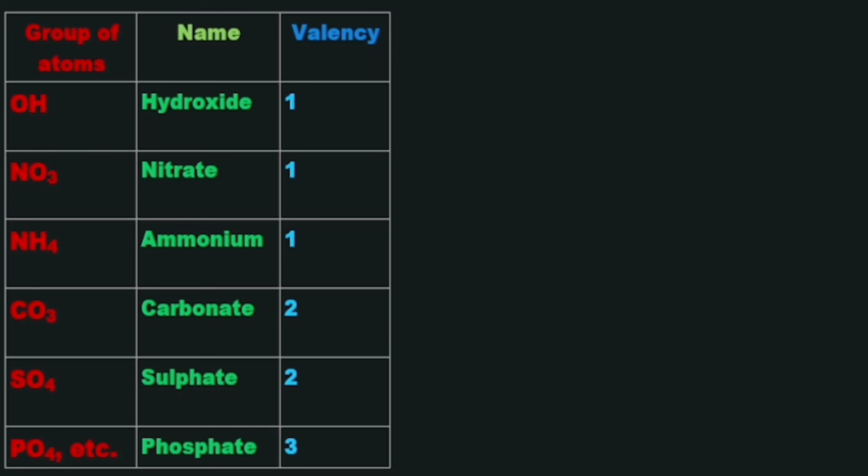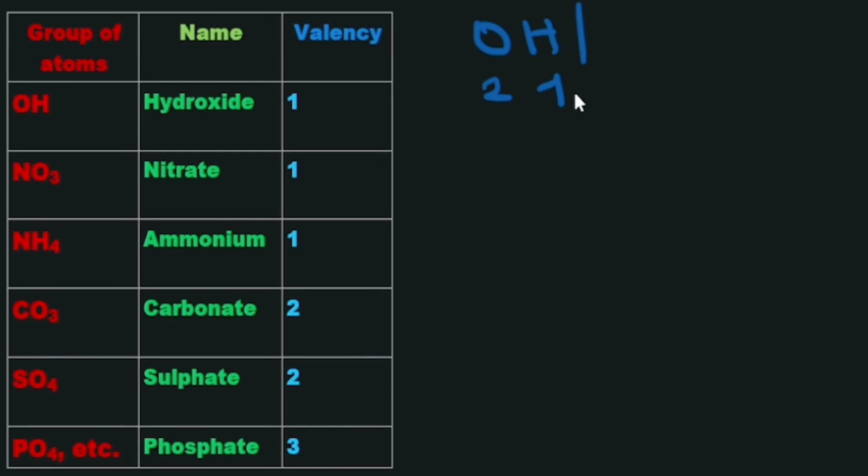Now, in the case of OH, we know that the valency of oxygen is 2 and that of hydrogen is 1. So what do we do here? We subtract the smaller number from the bigger one. The result will be the valency of the group of atoms.